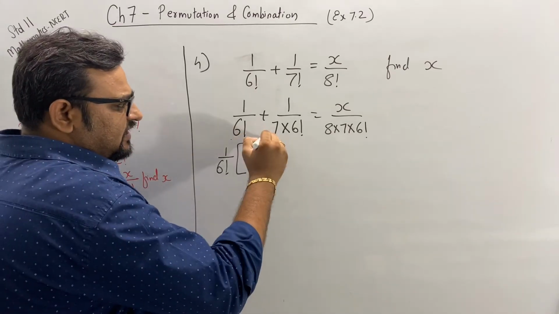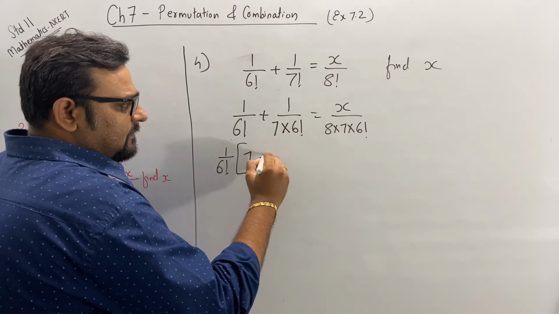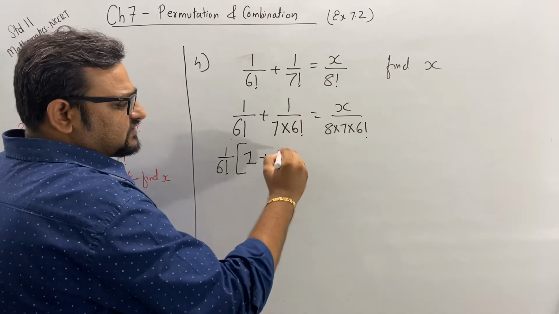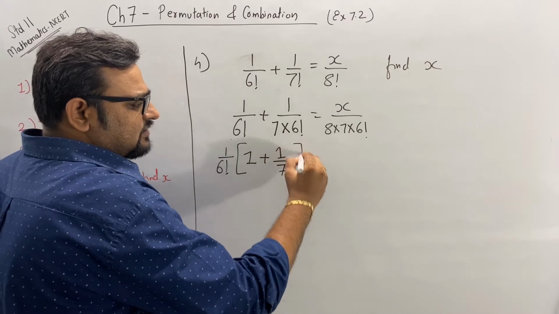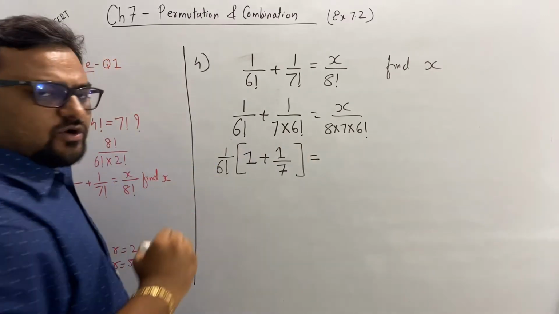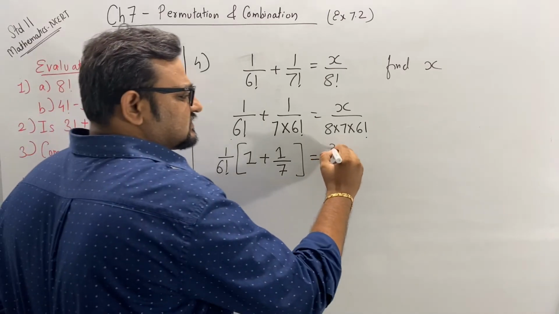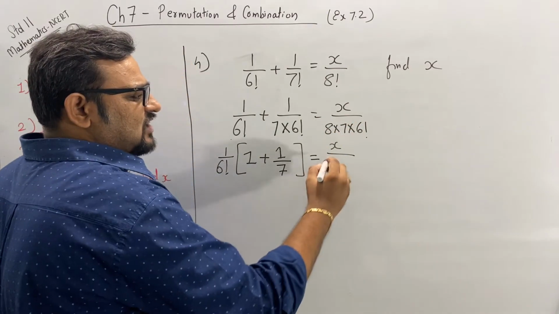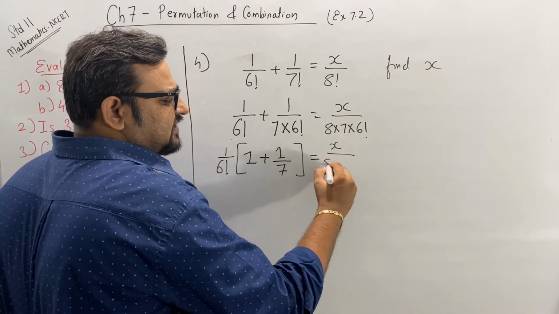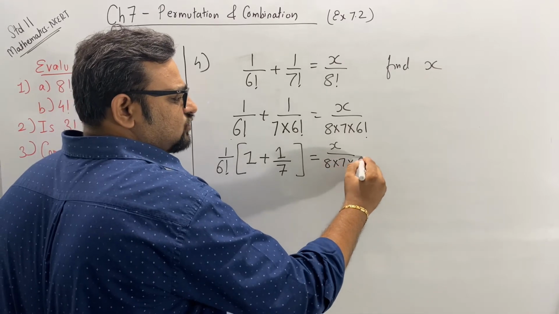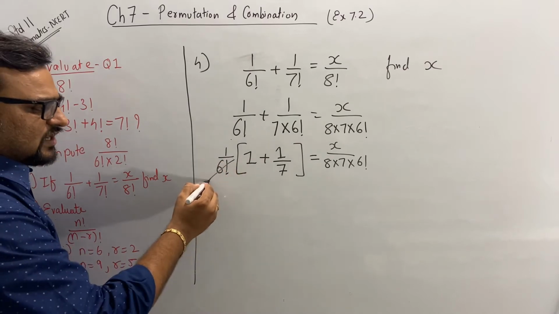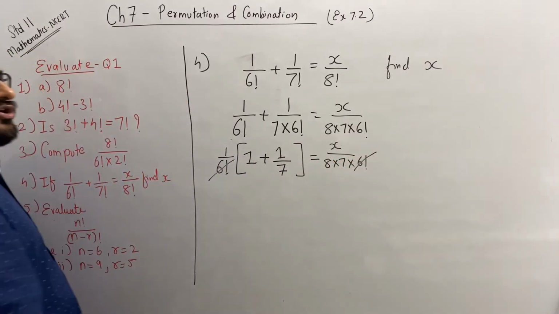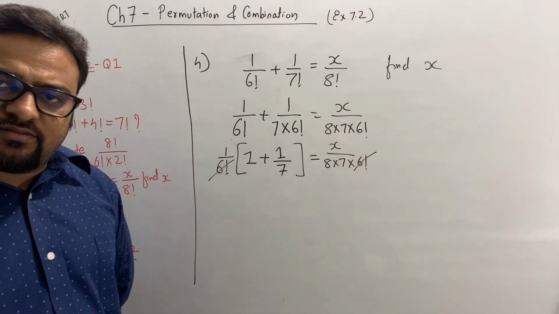So what is remaining here? 1 plus, let's remove 1 by 6 factorial. So it's 1 by 7 equal to x upon 8 into 7 into 6 factorial. So what can I do? 6 factorial, 6 factorial gets cancelled.